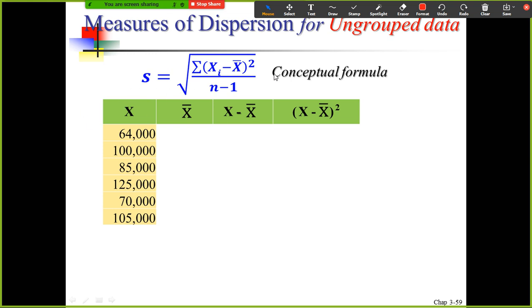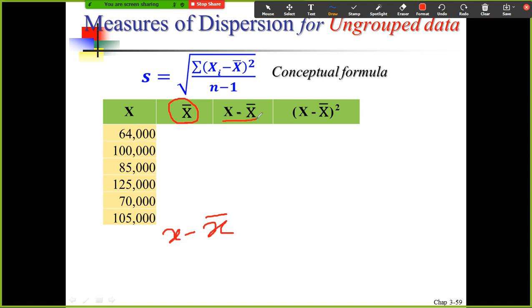First, I will use the conceptual formula. In order to use the conceptual formula, we need to find x bar. That's why column 2 is x bar. Then I need to find the deviation from x to x bar. That's why column 3 is deviation.